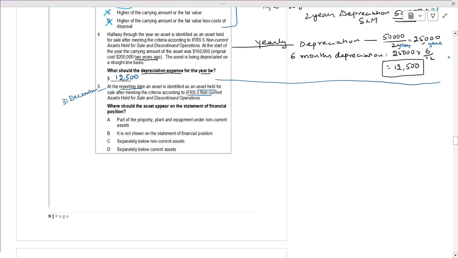Where should the asset appear in the statement of financial position? Should we show it in property, plant and equipment, separately below non-current assets, or separately as a current asset?